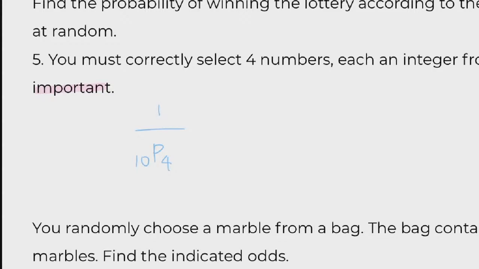So all of those have to be correct for that to happen. So it'll be 1 over 10P4, which is 1 over 5040. And if you want to write that as a decimal, that would be 0.000198. So you have less than a 0.1% chance of winning.